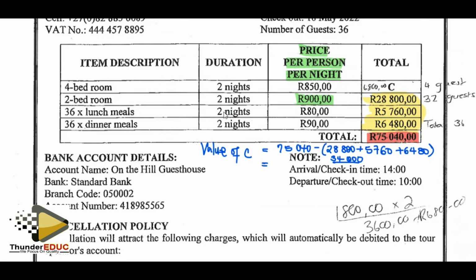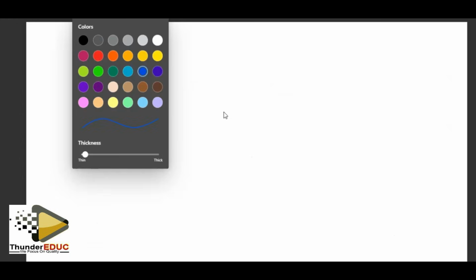The next year says 2 nights, 900 per person, and they paid this much. So how many guests were here? In the two bedroom, they paid 28,800.